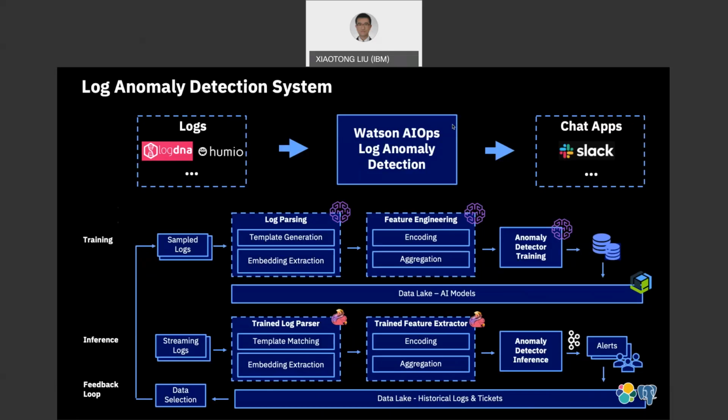The runtime inference subsystem checks if an anomaly occurs for a given time window during runtime. The input to this subsystem are the trained models from the offline training subsystem in the data lake, as well as new logs in a streaming fashion through Kafka data streams.